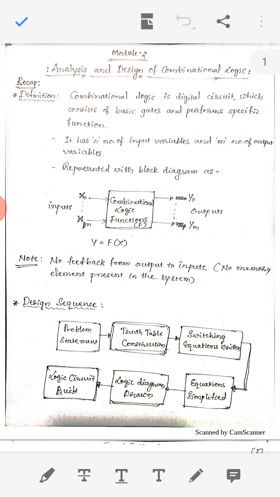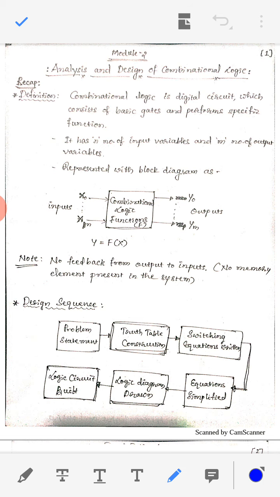That system we call sequential. Combinational circuits are made up of the basic gates: AND, OR, NOT, NAND, NOR, XOR, XNOR. All of these basic gates we use to construct digital circuits.